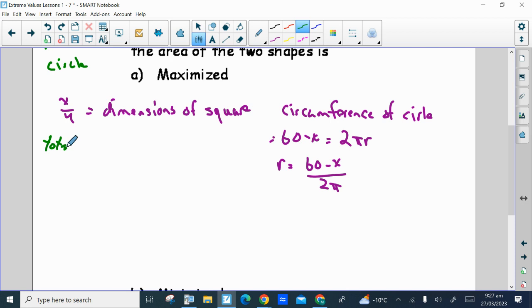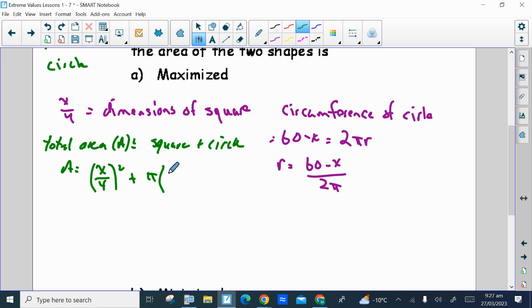An expression for the total area of the two shapes, A, will be the square plus the circle. The area of the square is x over 4 times x over 4, the length of one side squared, or x over 4 all squared, plus the area of the circle. The formula is pi r squared, but we found r to be 60 minus x over 2 pi.